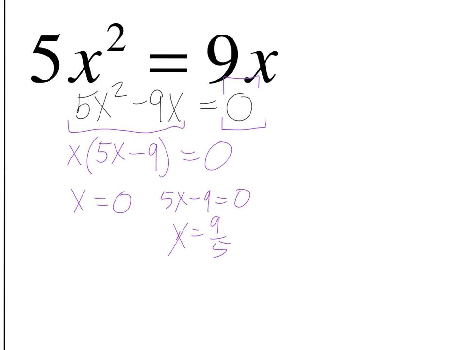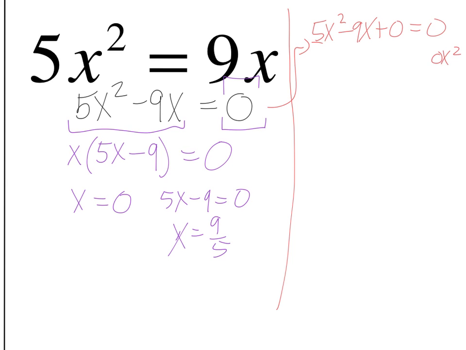If that makes it a little bit painful for you, one of the things that we can do is treat this from this step as a quadratic with 3 terms. So 5x squared minus 9x plus 0 is equal to 0. Okay, now I'm going to do my a times c. 5x squared times 0, so 0x squared.